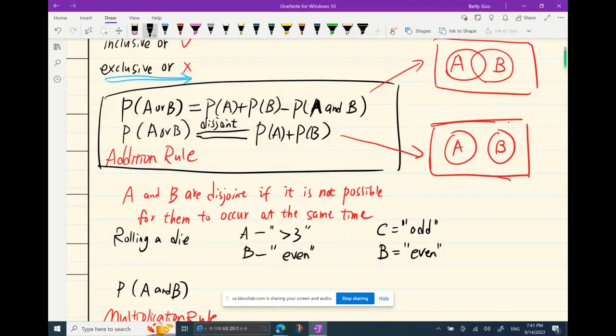The two things never are together, never have any outcomes in common. So in the procedure rolling a die, if we let A be the result getting a number bigger than 3, and let B be the result getting an even number, do you think A and B are disjoint or not?